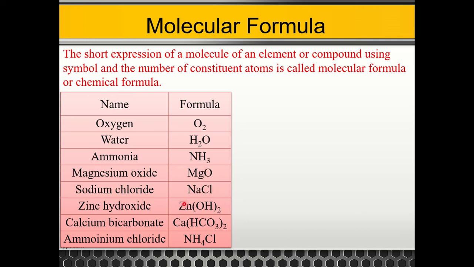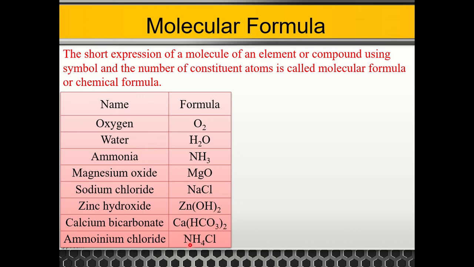Sodium chloride NaCl, zinc hydroxide Zn(OH)2, calcium bicarbonate Ca(HCO3)2. Look here, the radical is HCO3 and the valency of calcium is 2, so we use a bracket because this 2 is for the whole HCO3.